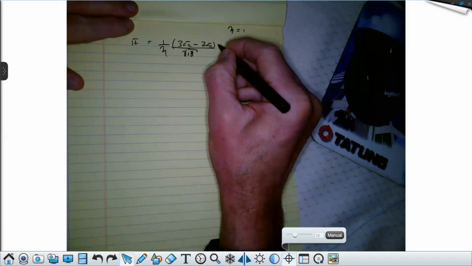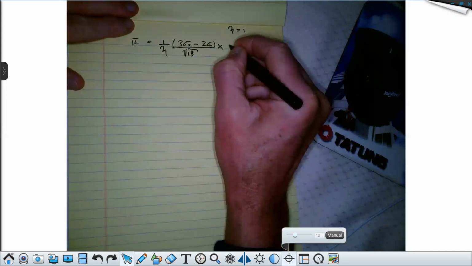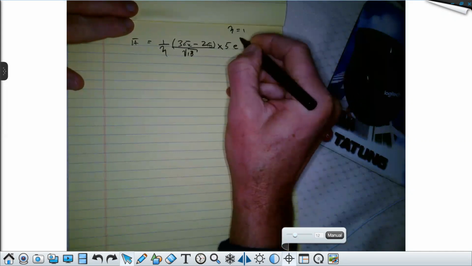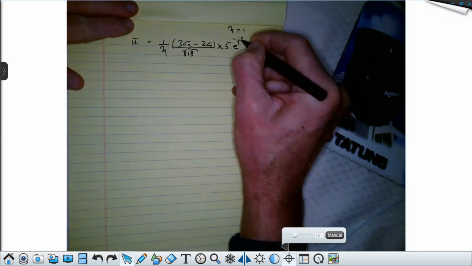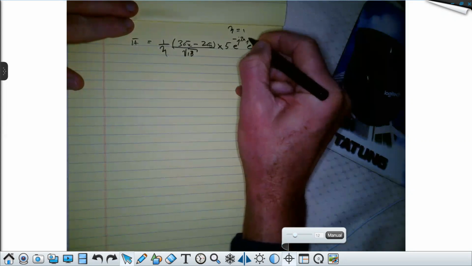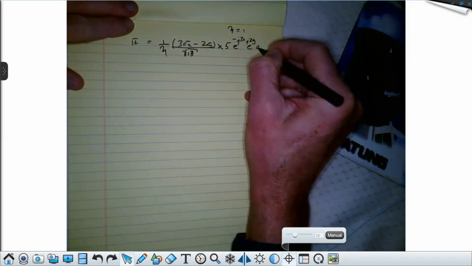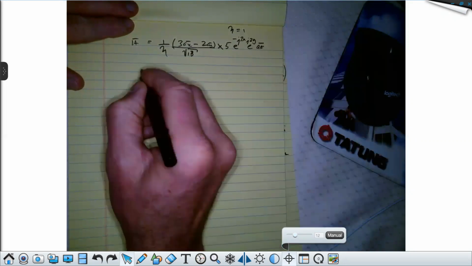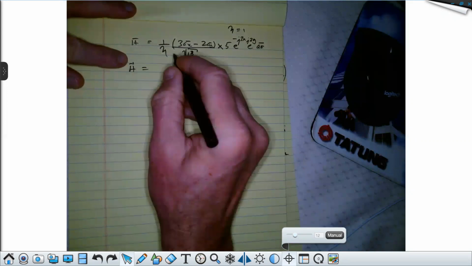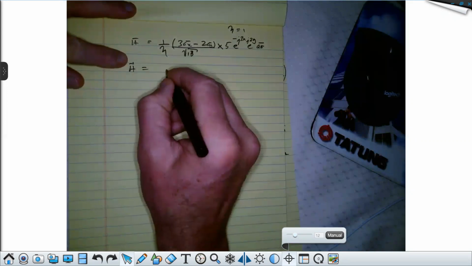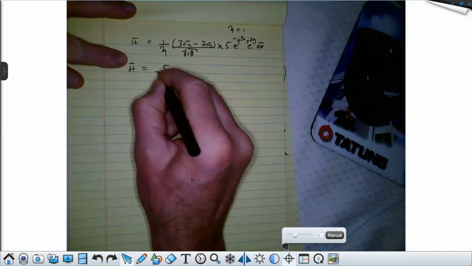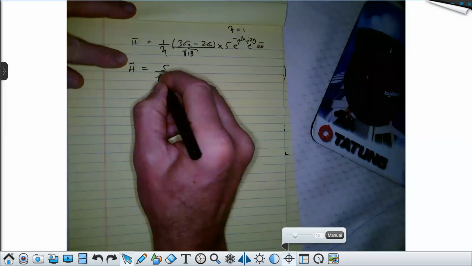And now this is crossed into the E field, which is 5 e to the minus j 3x e to the plus j 2y az. And now I find the H field. Since eta is 1, it's equal to just 5 over the square root of 13 here.